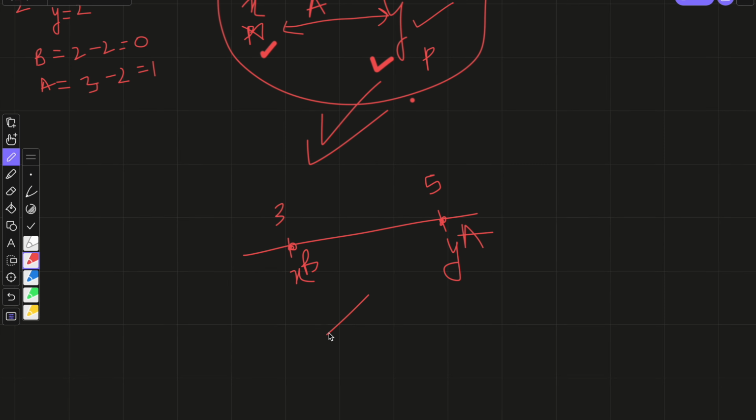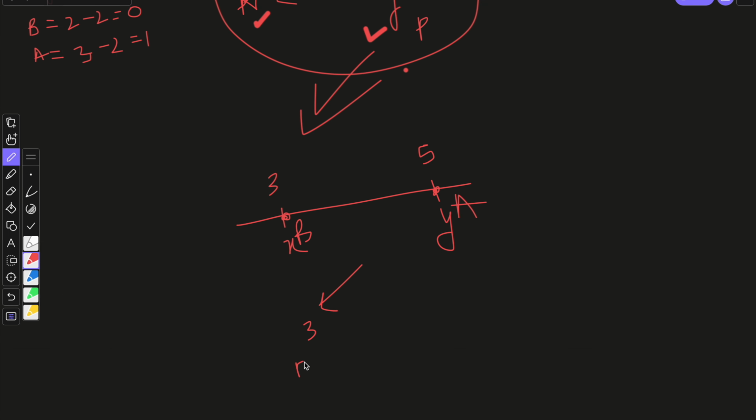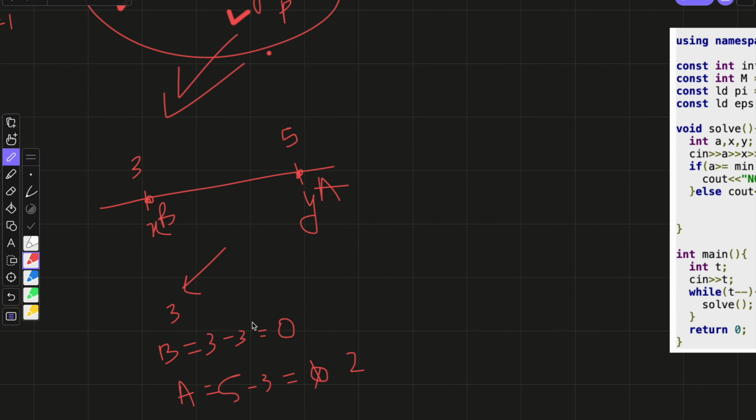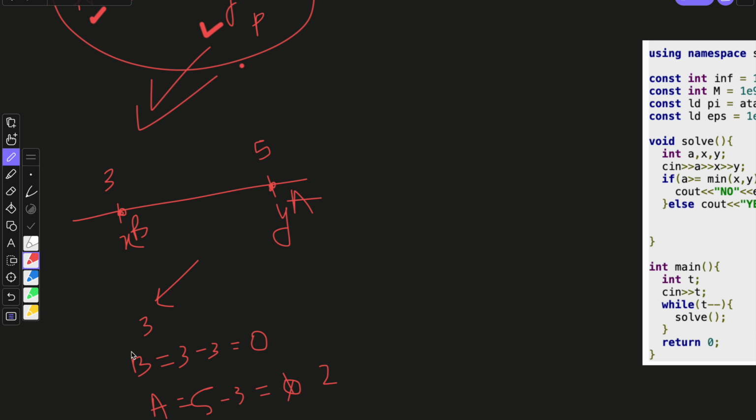So if the price falls at 3, then Bob is going to win, because the distance would be 3 minus 3, that would be 0, and Alice's distance is going to be 5 minus 3, that is 2. So here Bob is going to win.